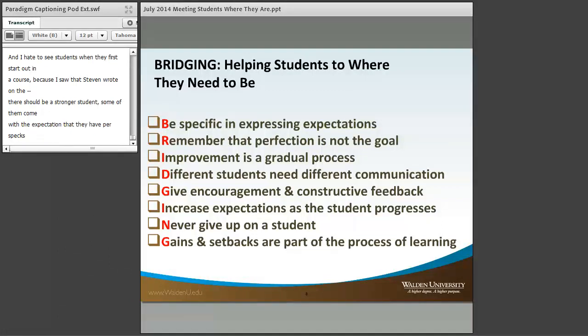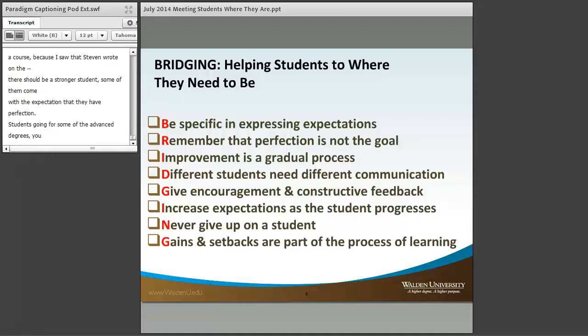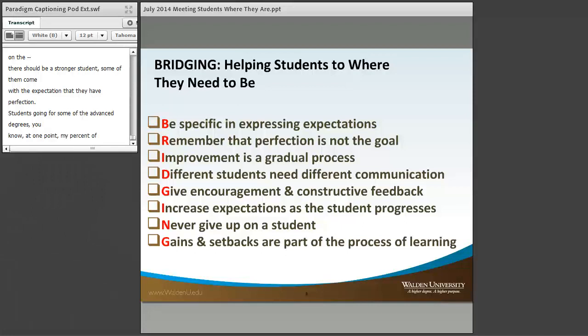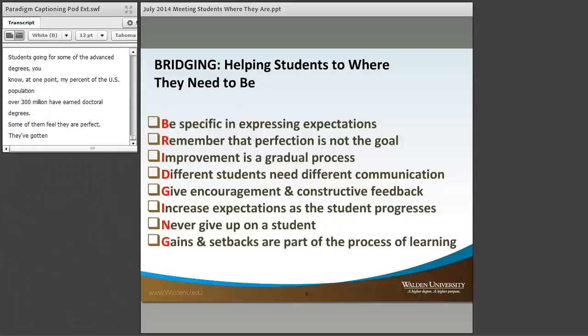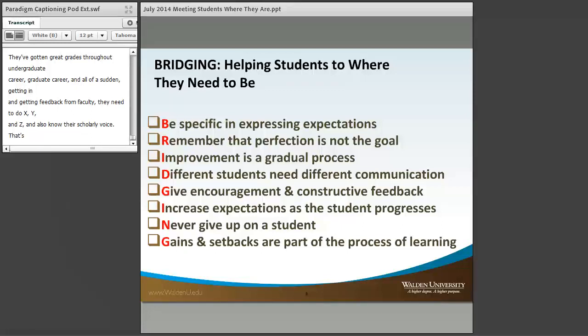Students going for some of the advanced degrees, when 1.9% of the U.S. population of over 300 million have earned doctoral degrees, a lot of them feel they're perfect. They've gotten great grades throughout their undergraduate career, their graduate career, and then all of a sudden they're in and getting feedback from faculty that they need to do X, Y, and Z, and also to discover that scholarly voice. That's something that I find some students hard to grasp.